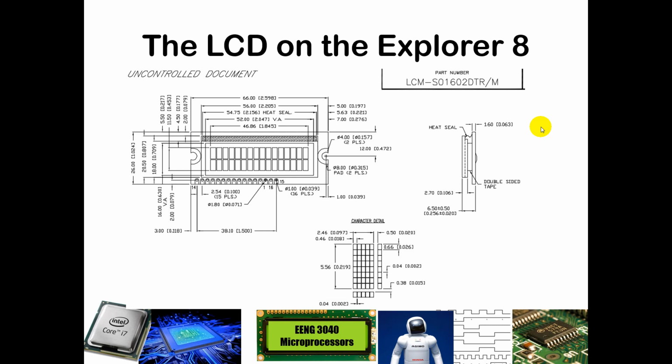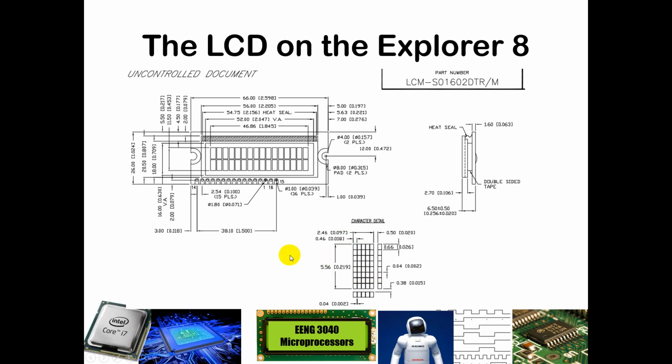Just to talk about what we see here, this showcases some of the mechanical dimensions and the spacing of our characters. As you can see here, our LCD can handle 2 lines of text, and it can handle up to 16 characters per line. Each of these 16 characters is comprised of a dot matrix display.